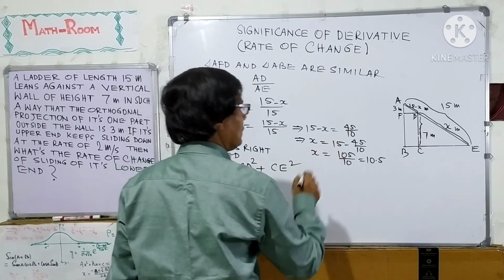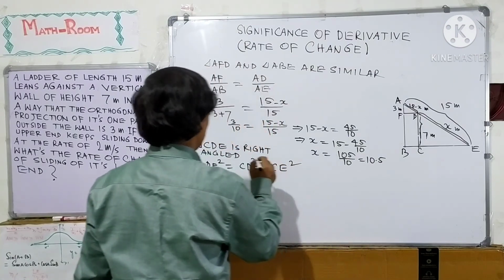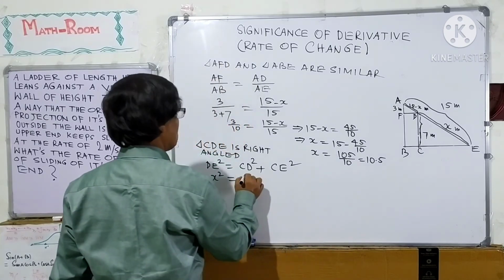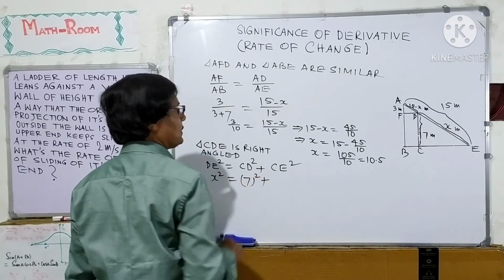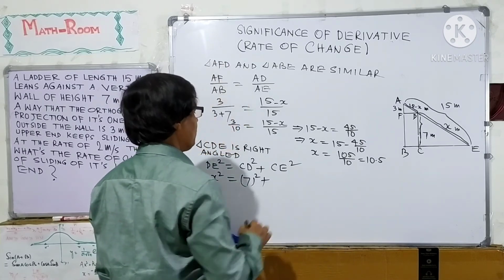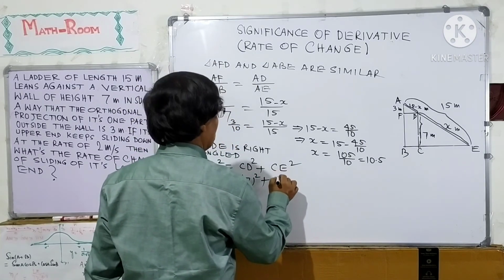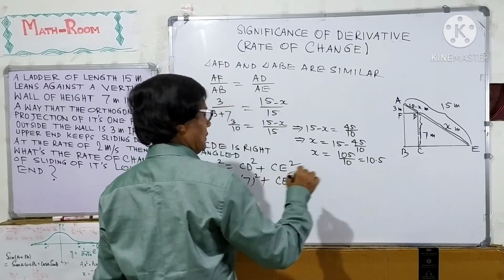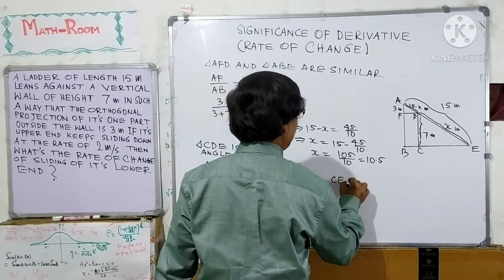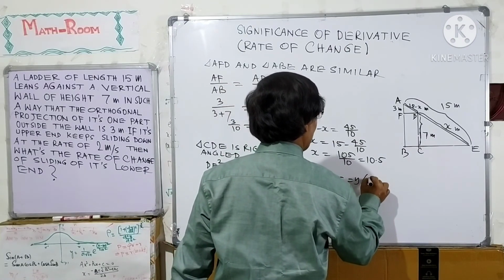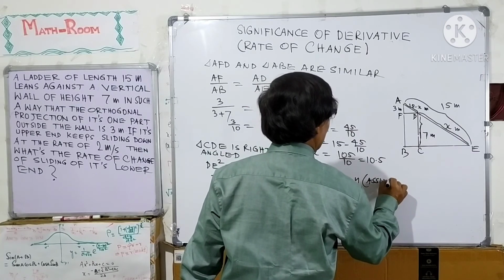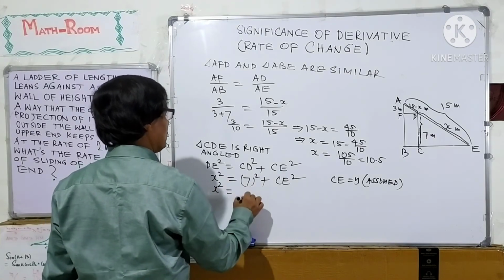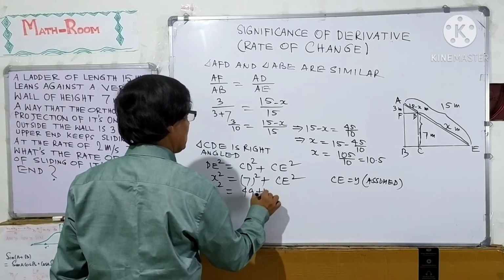So d is x, x square equal to CD square, CD is 7, plus C square. Suppose C is taken as y. So x square equal to 49 plus y square.